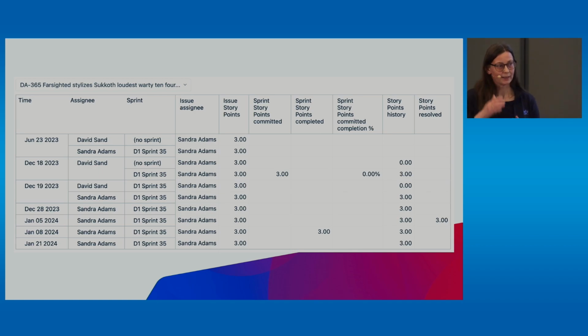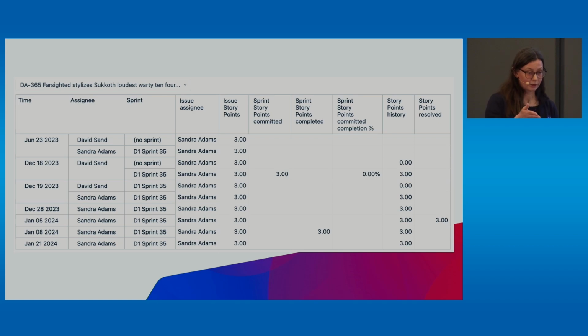And as you can see, my measures show different values on different cells, and they are related either to time or to assignee, and actually to sprint as well.